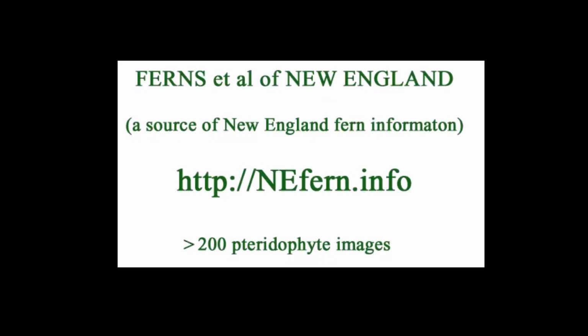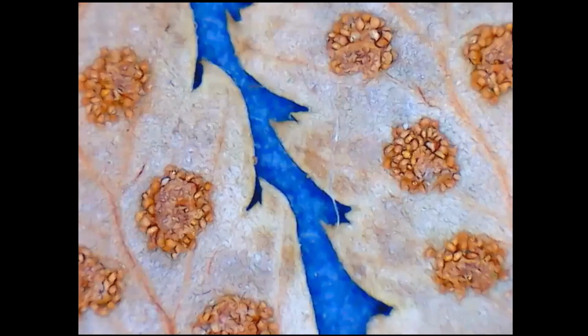So here is a photomicrograph of the sori on a wood fern, on a Dryopteris. There are all these sori, and usually with the naked eye, you just see these dots on the back of the frond. So quick, write down the website URL. As I was saying, with the naked eye, usually you can just see little dots on the back of the frond. They're called sori.